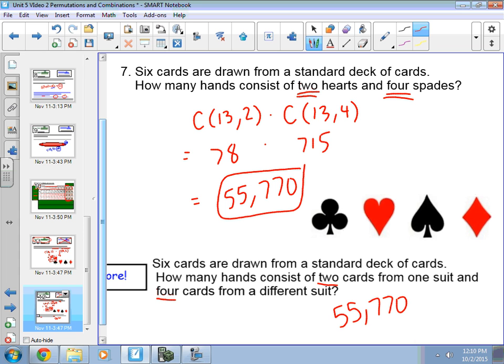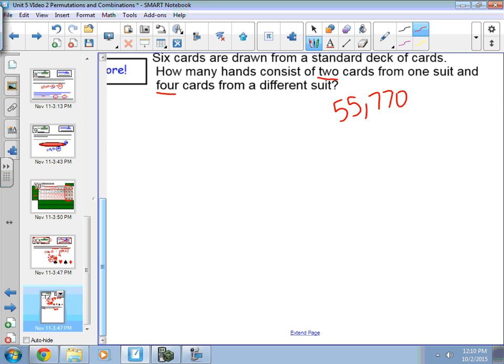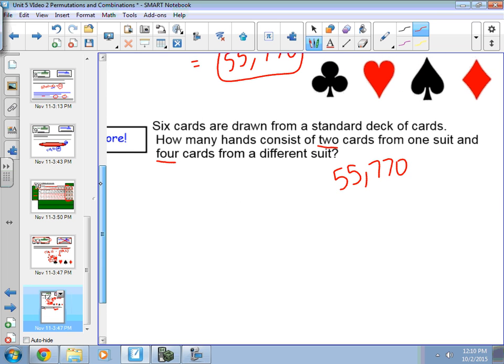In the last one, we knew the suit. They told us it was hearts and spades. Here we don't know the suits. So that adds in some more possibilities, because we could have different suits that we're choosing from. We still would want to do the same 2 combinations: 13 cards of some suit, picking 2, and 13 cards of some other suit, choosing 4.